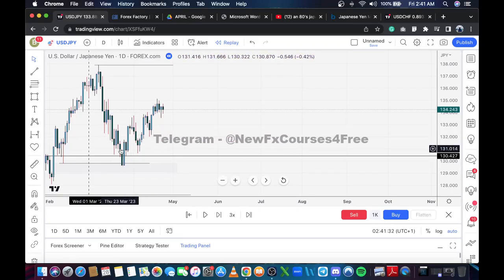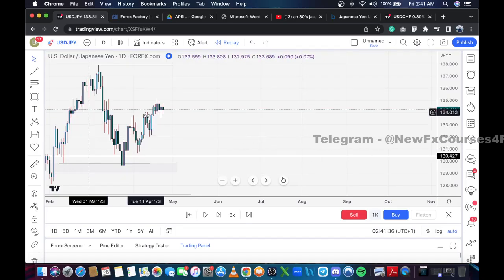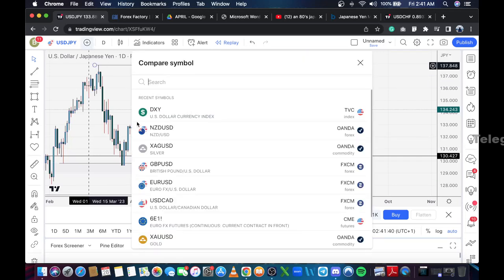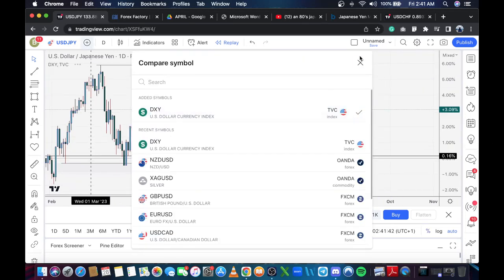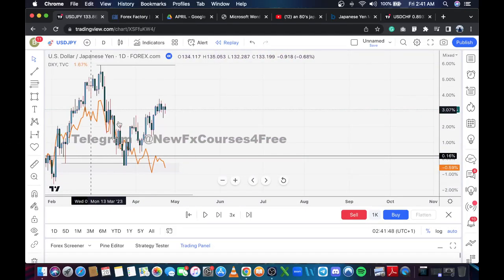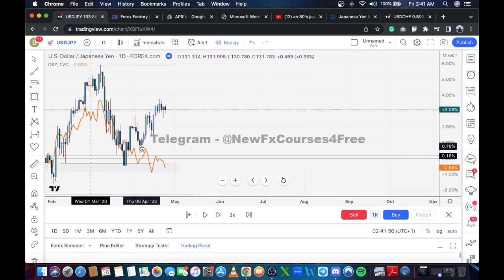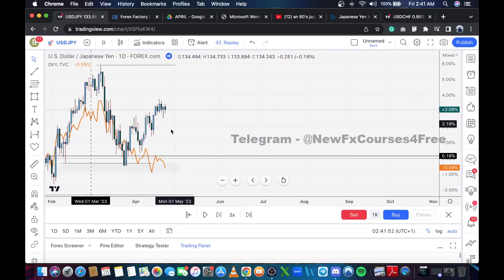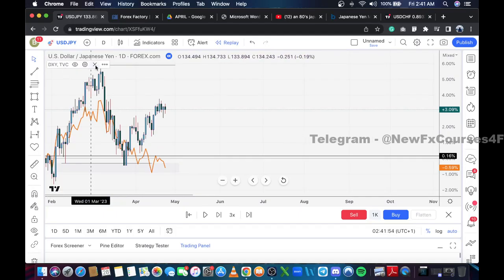You can see delivery there, down into a propulsion block. You can see displacement there. It's making higher lows. That should be confirmed with higher lows on dollar. Okay, dollar should also make higher lows, but dollar is not. So it is showing strength against a bearish dollar, meaning we have institutional sponsorship on dollar yen.